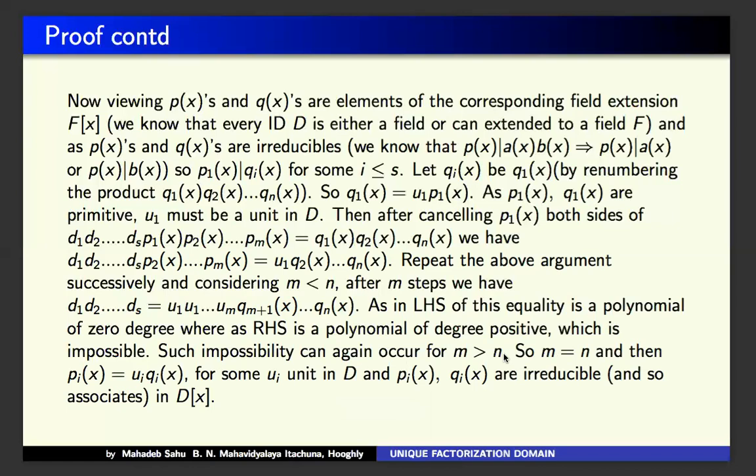So if m equals n, then put pi equal to ui qi, where the ui are units. Then pix and qix are irreducible, because for uniqueness we considered two different expressions of the same fx, and there we said that the pi's and qi's are all irreducible.